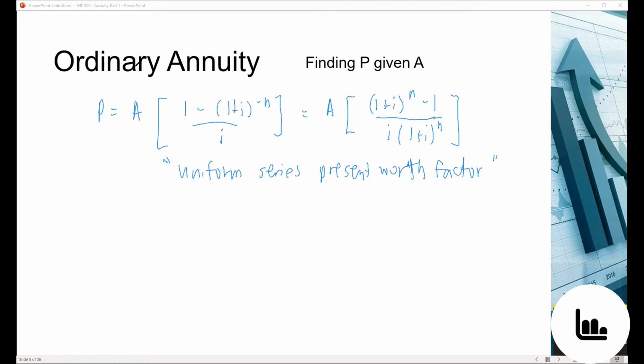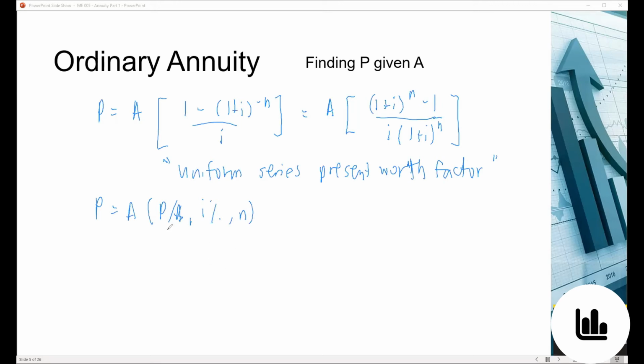Okay? Tapos ang magiging symbol ngayon nitong factor na 'to, 'di ba, we write it this way. Tapos magiging P given A at a certain interest rate and a certain number of periods.